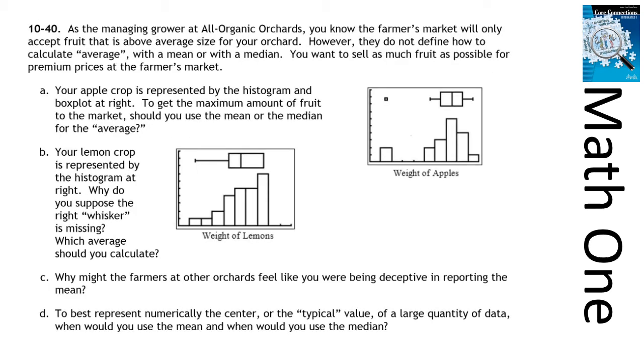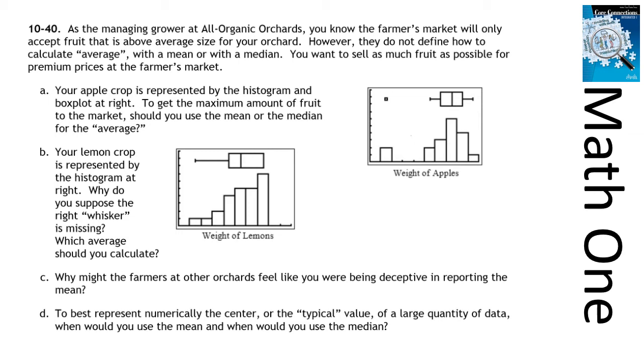Question 40. Please make sure you write down 40 and you include your responses for A, B, C, and D. So as the managing grower at All Organic Orchards, you know the farmer's market will only accept fruit that is above average size for your orchard.